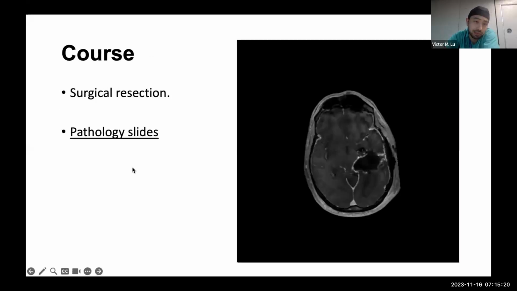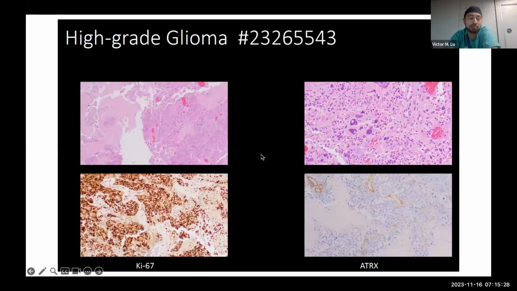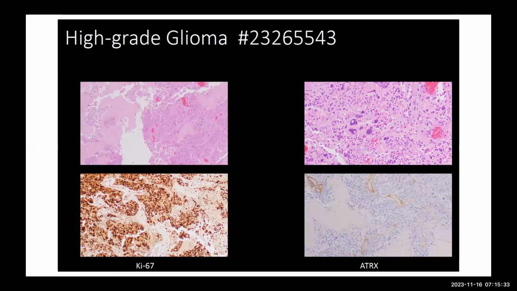Excellent. And that's a surgical resection. You can see the postoperative slide there. And Dr. Gultekin will go to the pathology, the histology. Yes, so it turns out that this looks like a very highly aggressive lesion histologically, and it's a glial tumor.